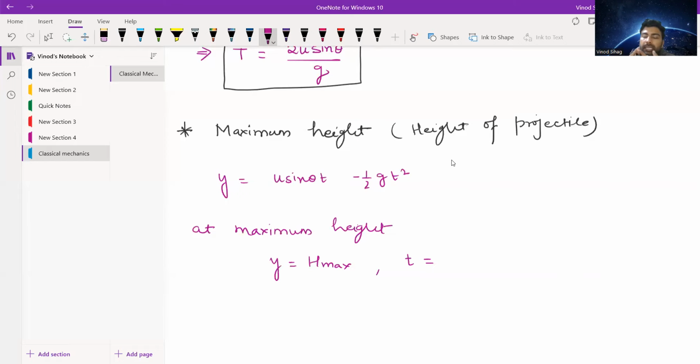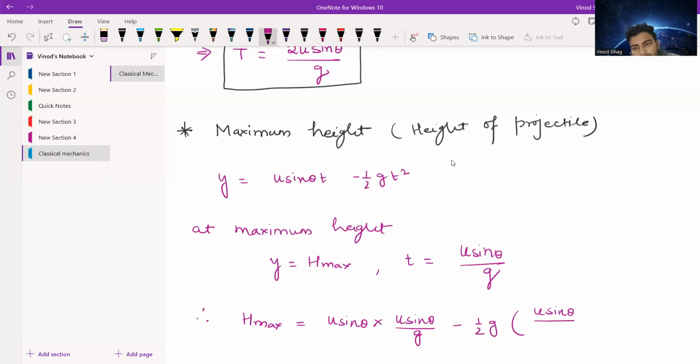We take the time to achieve the maximum height, t equals u sine theta upon g. Putting this in the above equation, h maximum equals u sine theta into u sine theta upon g, minus 1 by 2 g into u sine theta upon g, whole square.